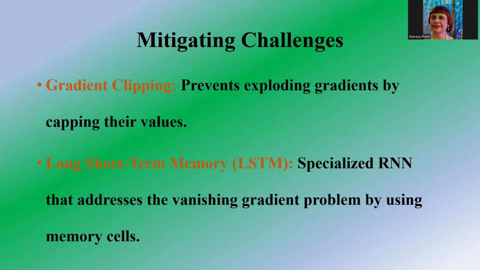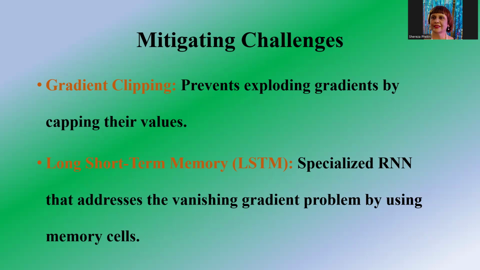To mitigate the challenges of training RNNs, such as exploding and vanishing gradients, two key techniques are commonly employed. The first is gradient clipping, used to prevent exploding gradients by capping their values during the backpropagation process.